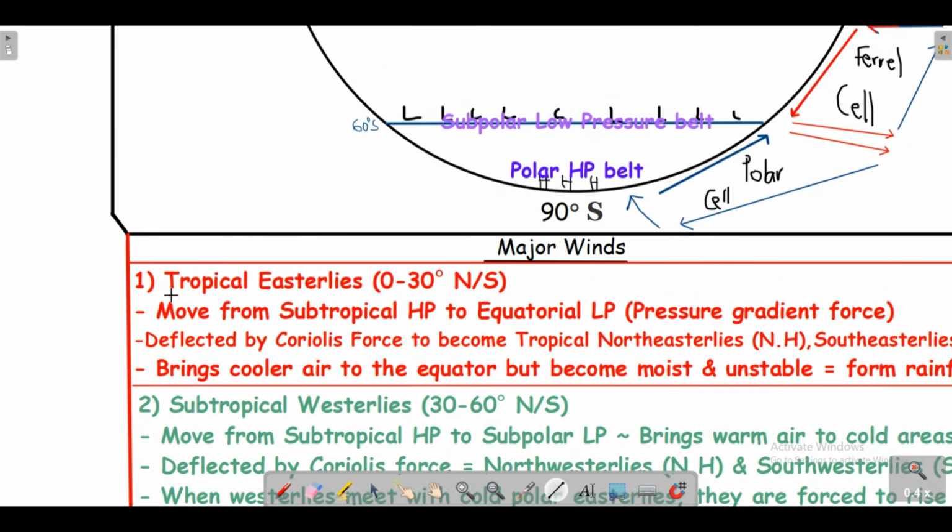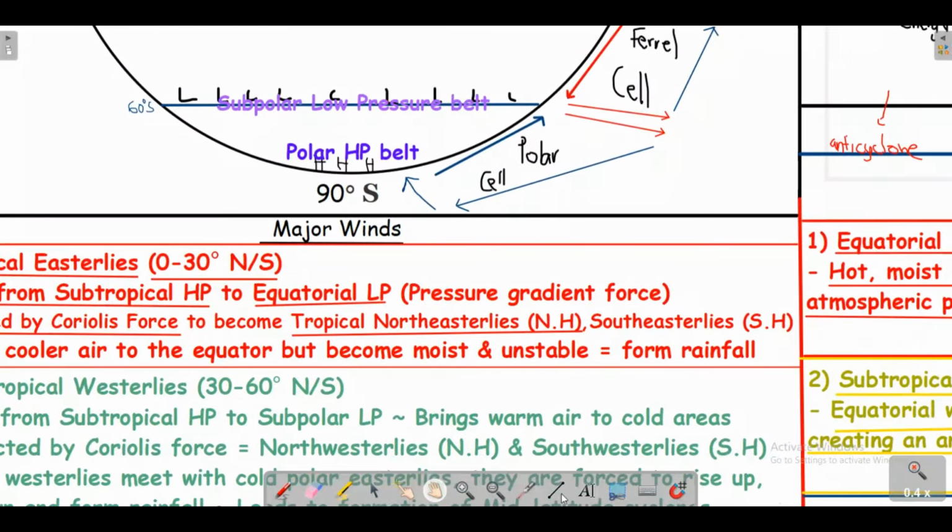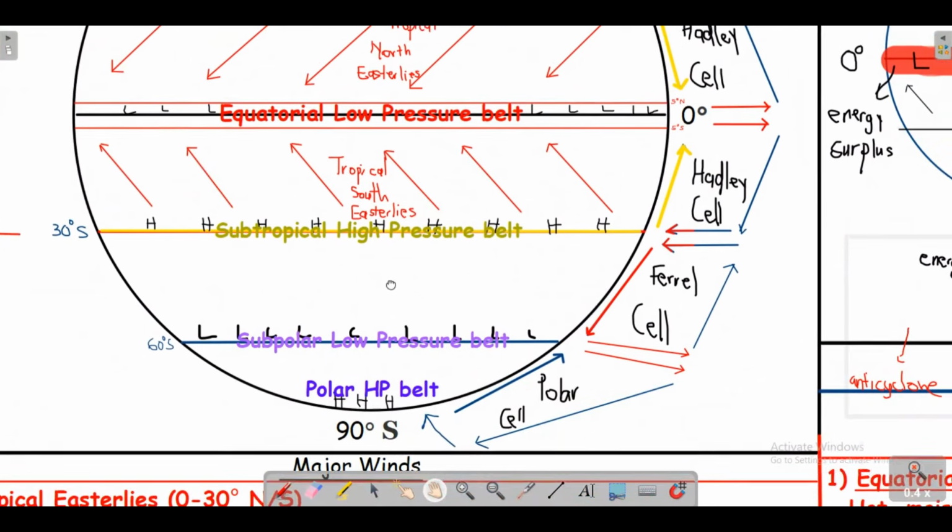They blow between 0 and 30 degrees north or south of the equator. They move from the subtropical high pressure to the equatorial low pressure, pushed by the pressure gradient force. Then they are deflected by the Coriolis force, and they become tropical northeasterlies in the northern hemisphere and tropical southeasterlies in the southern hemisphere, right?